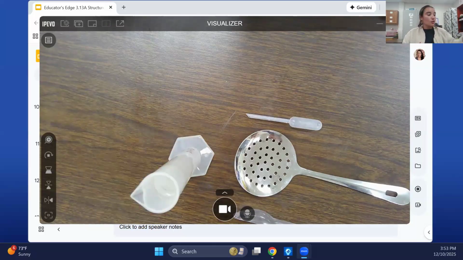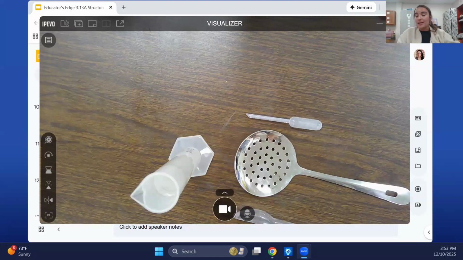The goal is to move the water from the graduated cylinder into a cup. Okay, so take a minute. We're going to let you perform that station with your teams, just like you would with your students, in 20 seconds using those tools to explore which tool or bird beak collects the most nectar.